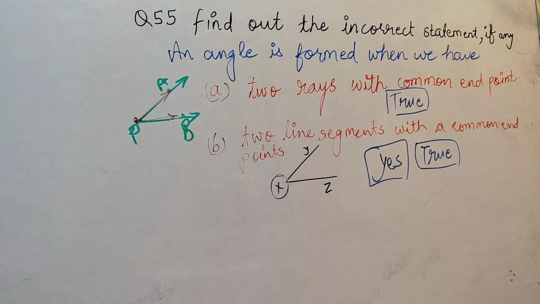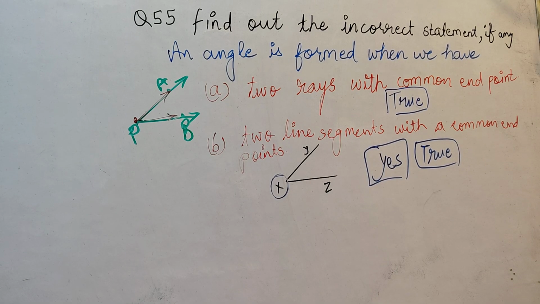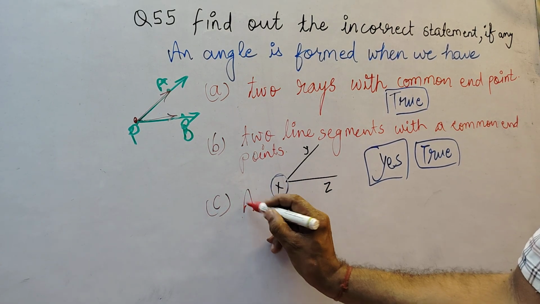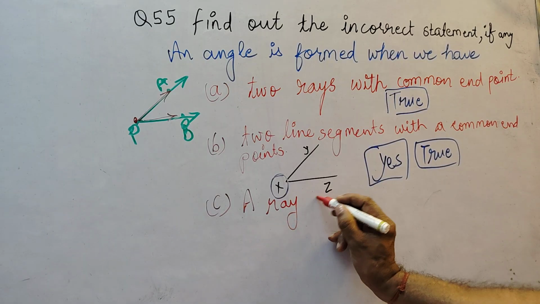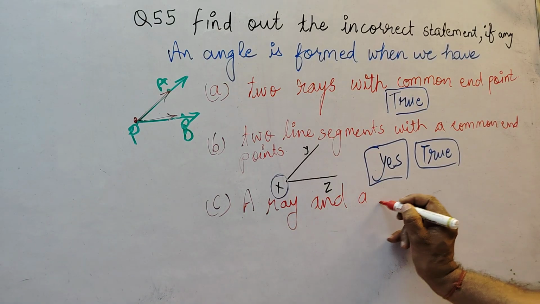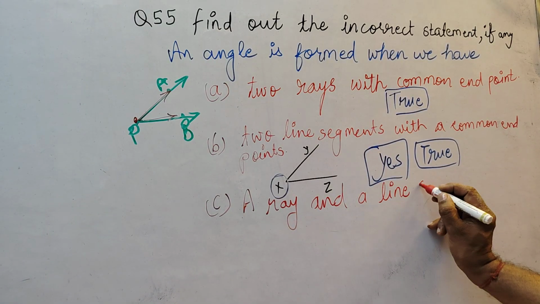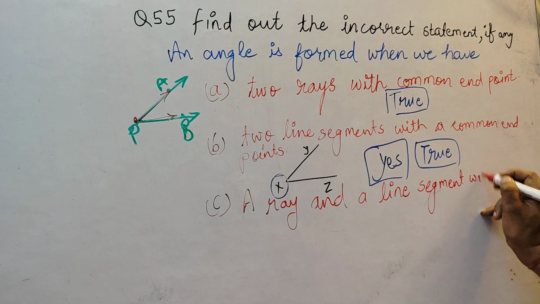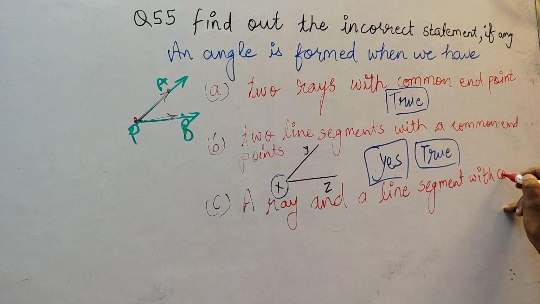Now the third part, C part: a ray and a line segment with a common endpoint.